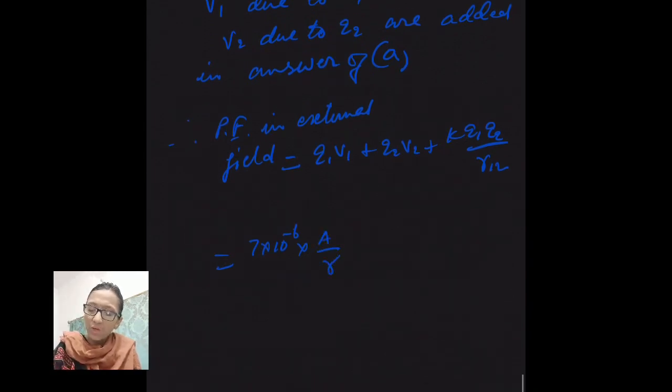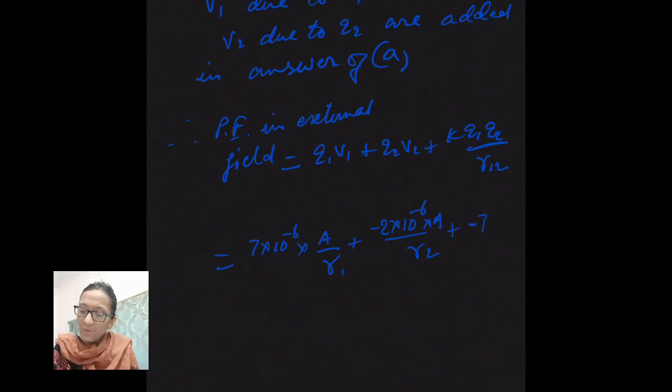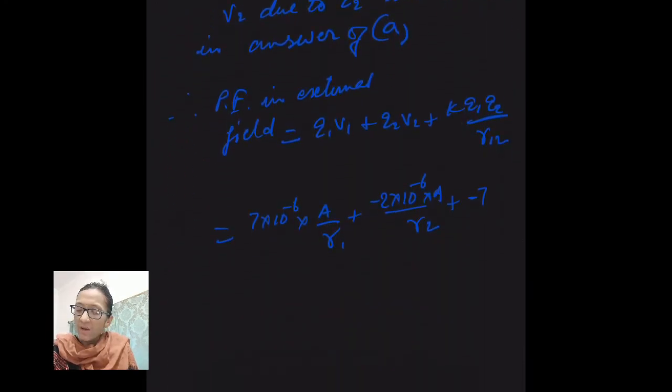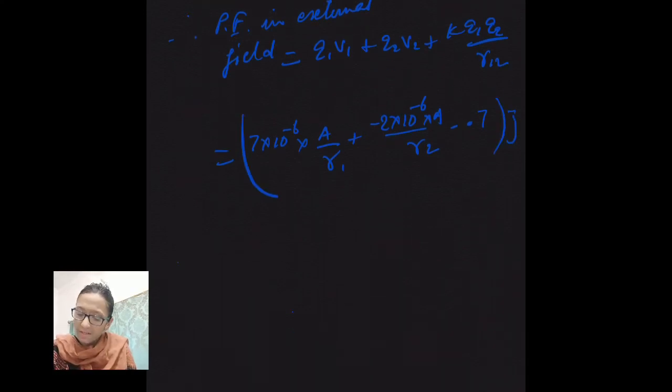So this is equal to Q1, which is 7 into 10 power minus 6, into V equal to A upon R1, plus Q2, which is minus 2 into 10 power minus 6, into A upon R2, and plus what you have obtained, minus 0.7 joule.